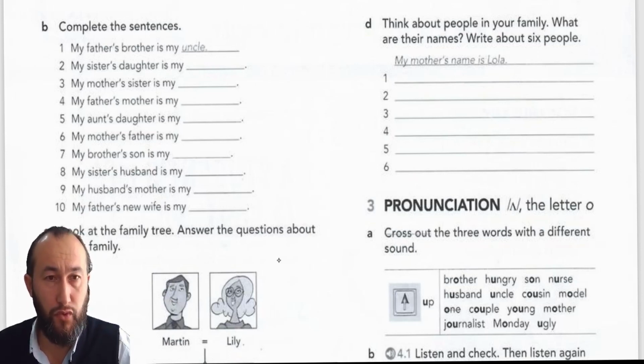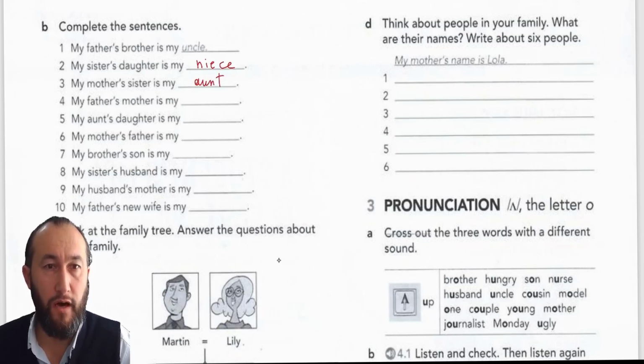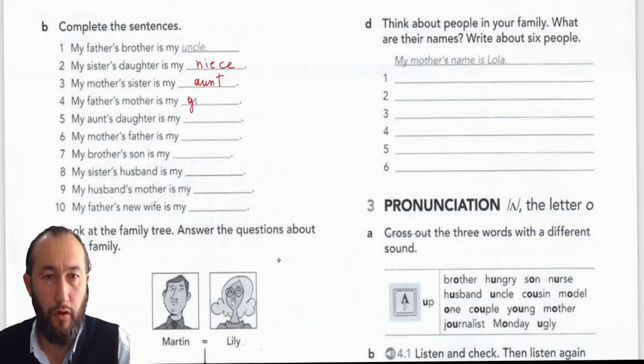My sister's daughter is my niece. My mother's sister is my aunt. My father's mother is my grandmother. So D is silent.